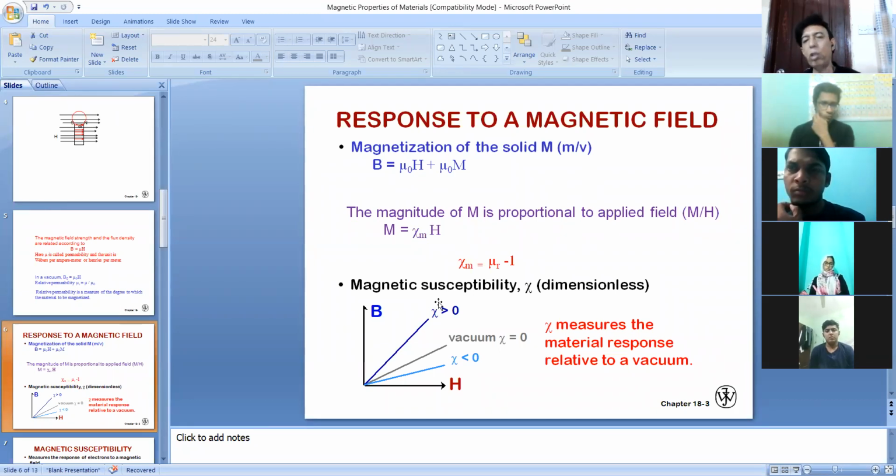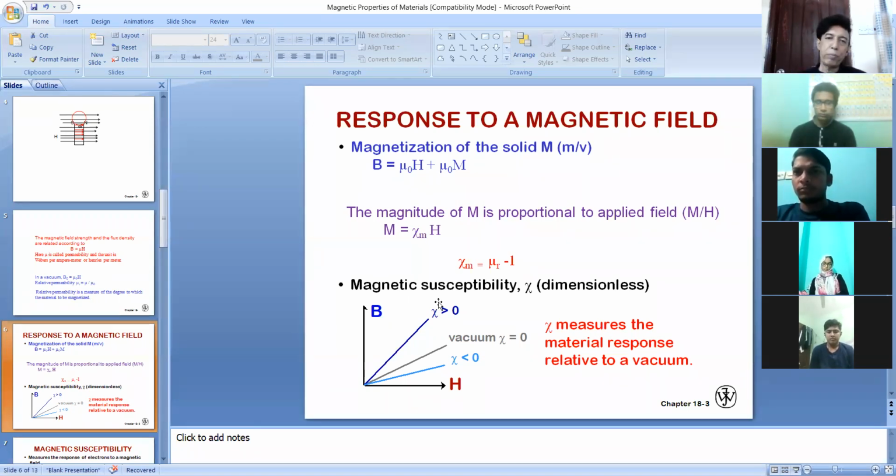It depends on the value of chi. Actually, it depends on the value of mu, the permeability of the material and the permeability in vacuum.